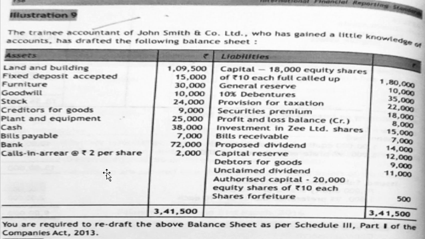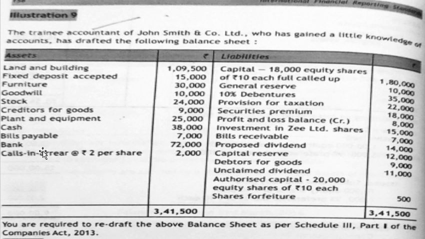So calls in arrears is the unpaid amount where the company calls each time. The first call will be for application money, and the second call for the allotment money to be paid by the shareholder. Next, the third installment or call will be made to do the final settlement.